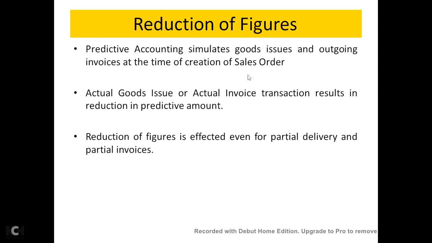This reduction of figures is effected even for partial deliveries and partial invoices. So at any time you will have the net total of actual plus predicted amount, which will be equal to your total sales order amount.